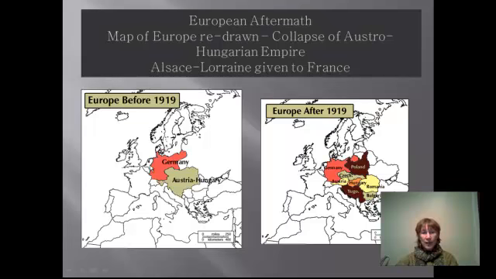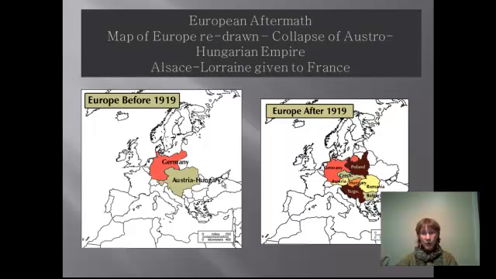This is the way Germany and Austria-Hungary looked like before the war. And after the war, their territory was decimated, and many countries were created out of what had been these two empires. Both the Empire of Germany and the Empire of Austria-Hungary disappeared.